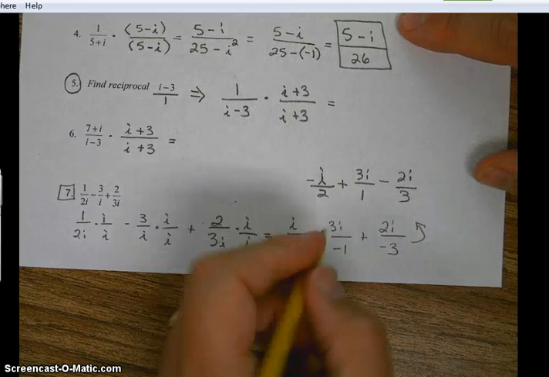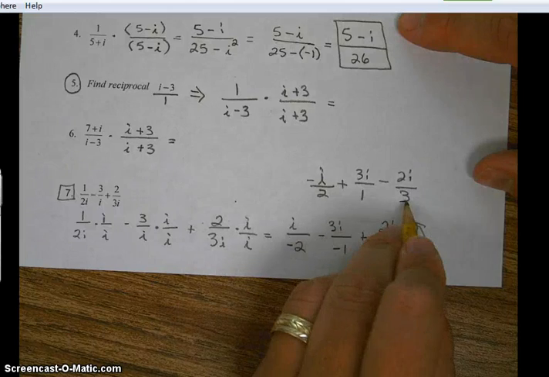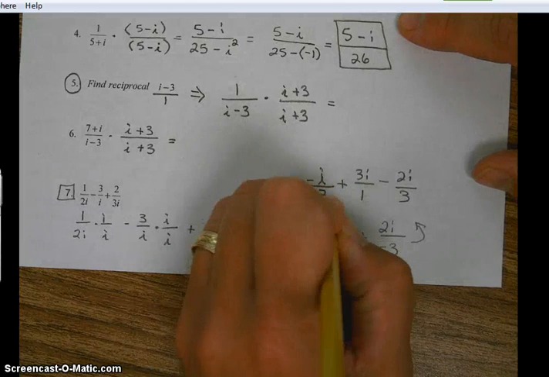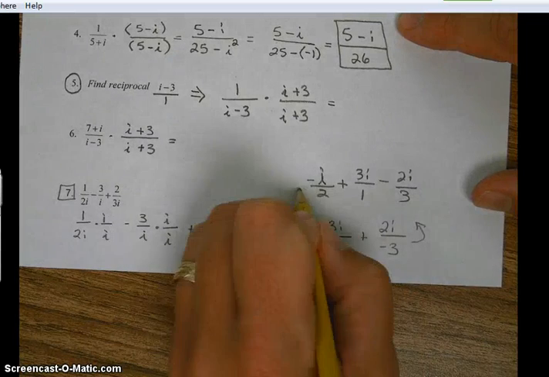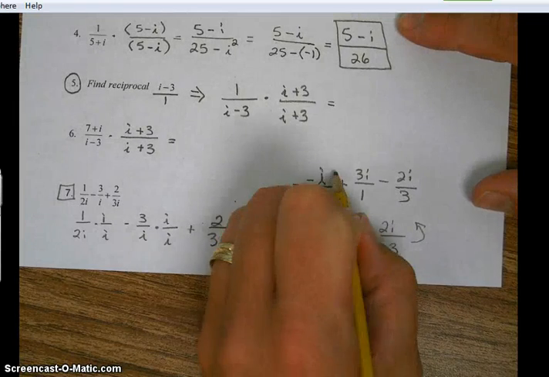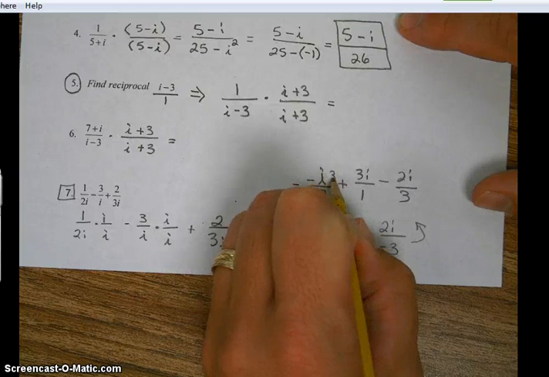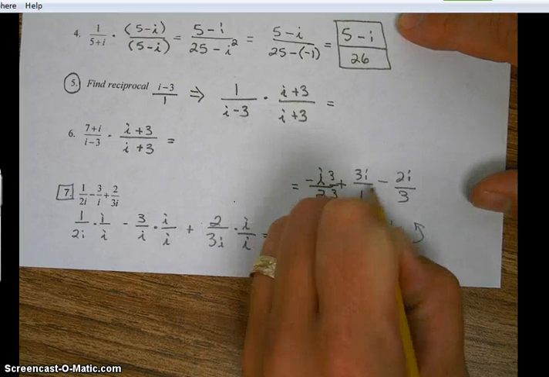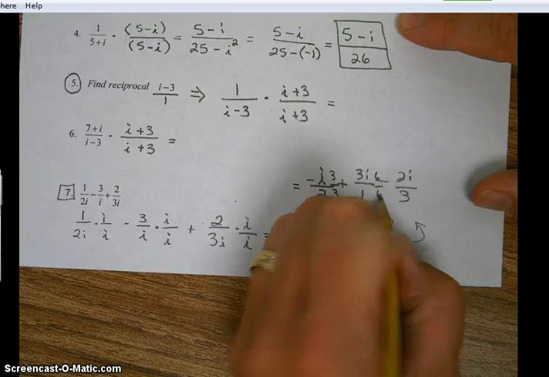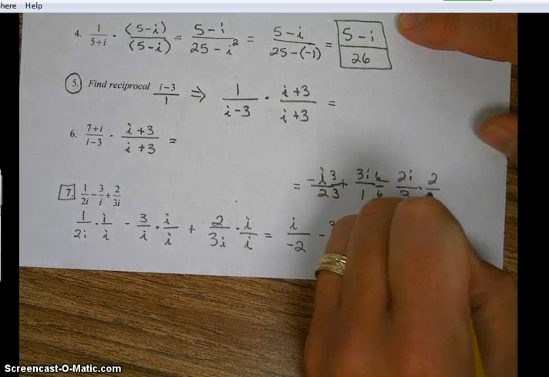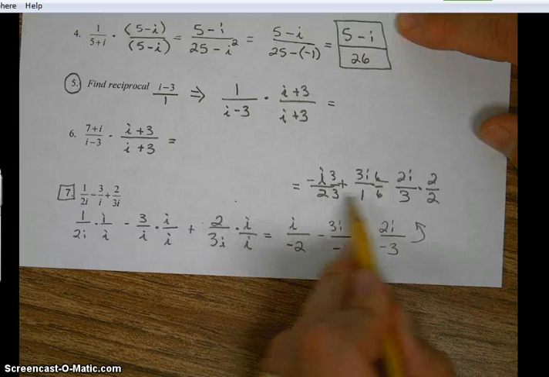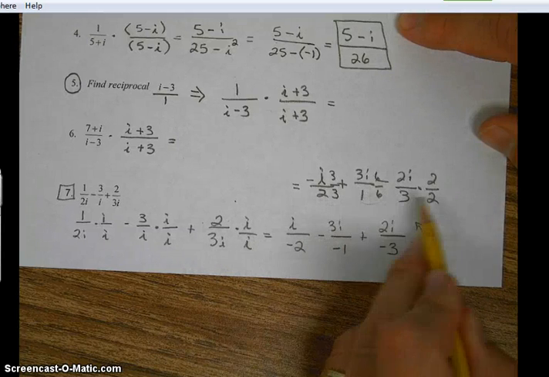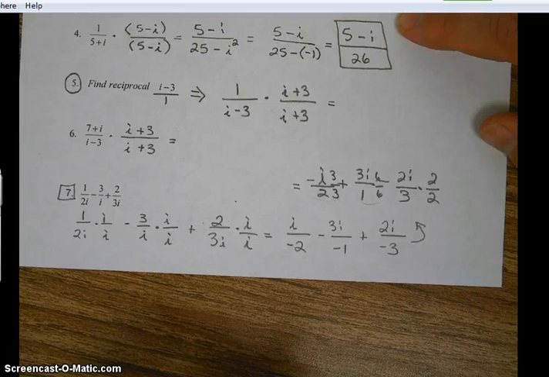Okay, common denominator, 2, 1, and 3. So we're going to use the 6. So it's going to be 3 over 3, 6 over 6, 2 over 2. Because 2 times 3 is 6, gets me a common denominator. 1 times 6 gets me a common denominator. 3 times 2 gets me a common denominator.